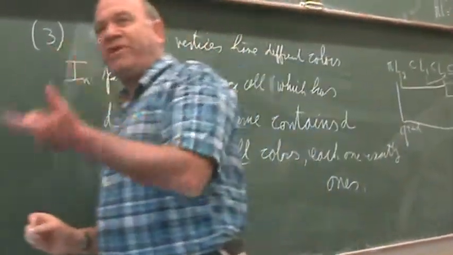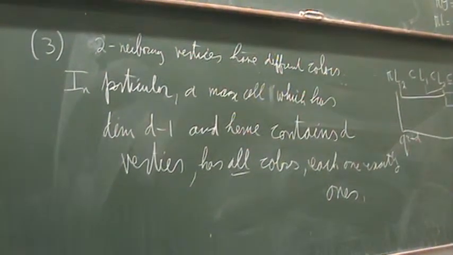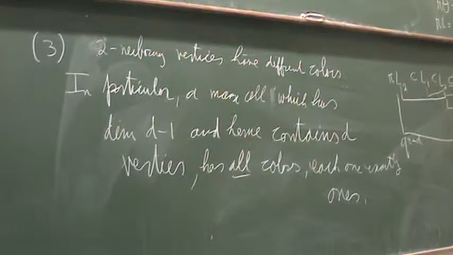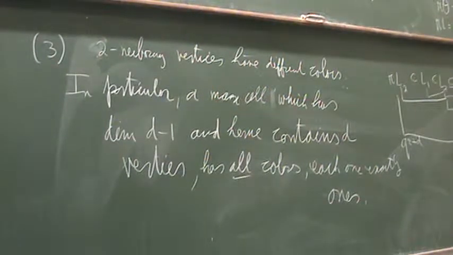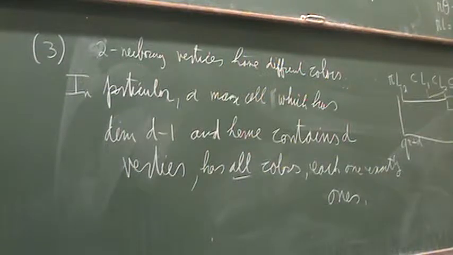Yeah, if I take a d minus 1 cell, a d minus 1 cell has d points, all of them are connected to each other because this is a cell. By definition, you remember, in a simplicial complex, if we have a triangle, then it means that every two are connected. If we have a pyramid, every two are connected, right? Every subset is also. Yes. So they have different colors.